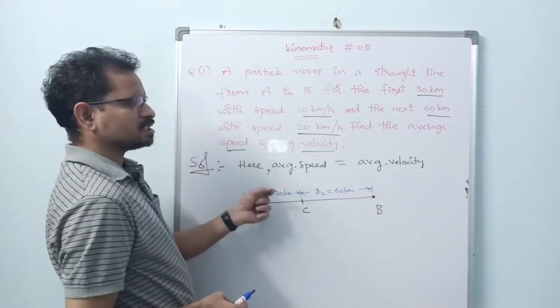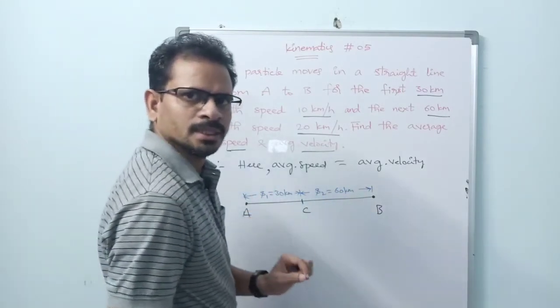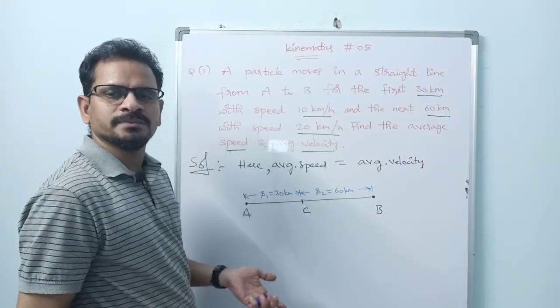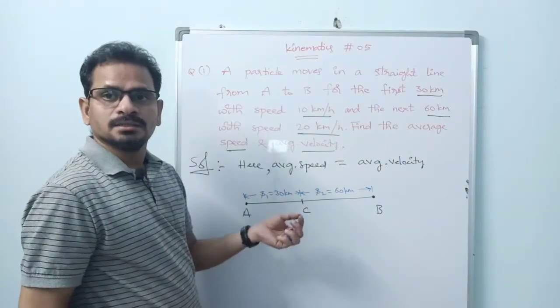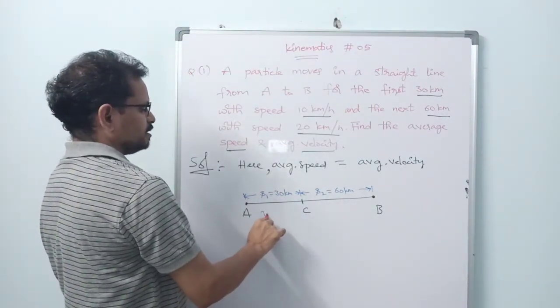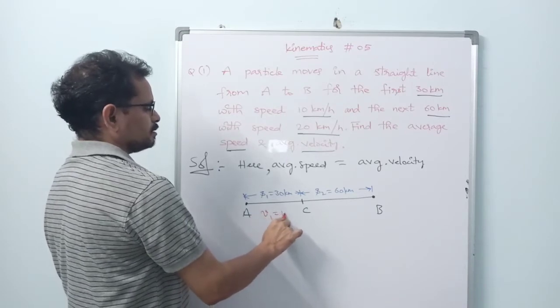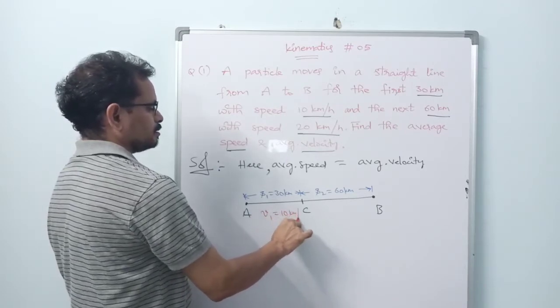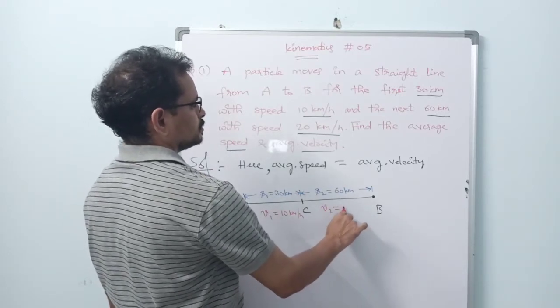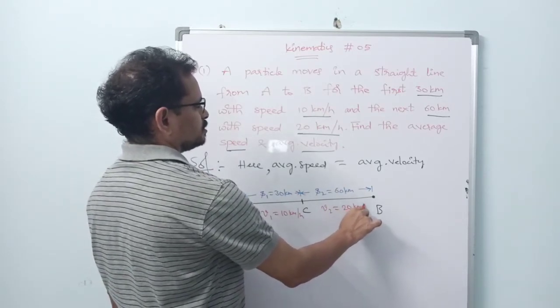Here average speed and velocity, both of them are the same, no? Therefore let us consider speed. If we find average speed, no need to find average velocity again. For this part of the journey, what is the speed? 10 kilometers per hour. For this part, what is the speed? 20 kilometers per hour.